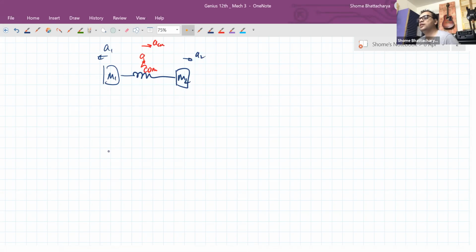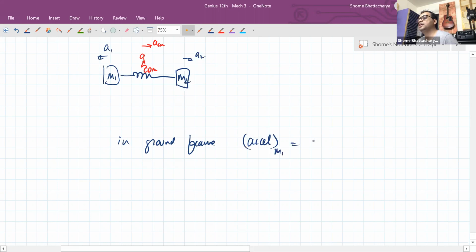This acceleration is like this in the center of mass frame, which itself is going like this. Okay. So you can see that in the ground frame, okay, acceleration of block 1 is going to be A1's vector sum with ACM, because this is relative. Okay. So it's basically when this block goes to the other extreme to a distance of 2A1 like this, with respect to center of mass, it is having an acceleration like this of A1 omega square.